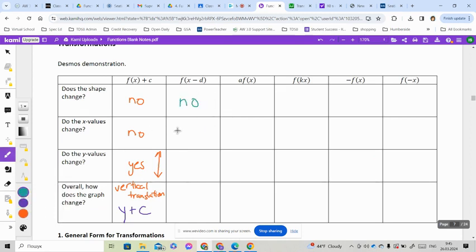Do the x values change? Yes, they do, right? Because we are moving left to right. Do the y values change? No, they don't. Right? We call this the horizontal translation. I'm just going to write horiz translation.